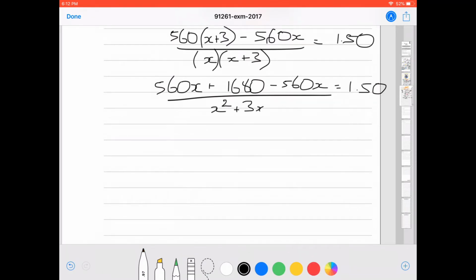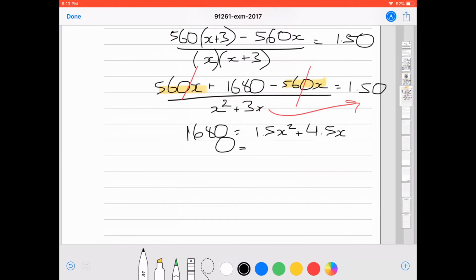First of all, we can cancel this 560x minus 560x. They can cancel straight away. We're going to bring our x squared plus 3x to the right hand side, so we're going to be multiplying by x squared plus 3x on both sides. And so we end up with 1680 equals 1.5x squared plus, now 3 times 1.5 is going to be 4.5, so 4.5x. And we can see a quadratic forming.